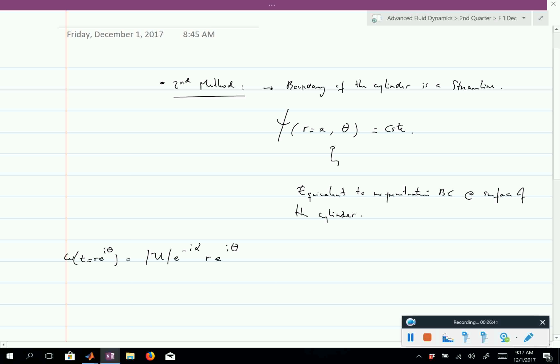U r e^(i theta) plus my complex D divided by 2 pi z, and z is r e^(i theta), plus, because we are in aerodynamics convention, i gamma divided by 2 pi times the natural log of z, and again I'm going to write z as r e^(i theta).